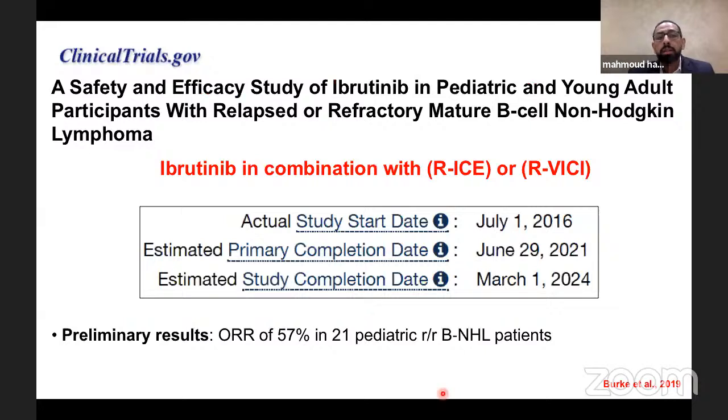Of those running trials is ibrutinib combined with the RISE protocol, and the end of the trial will be March 2024, with preliminary results showing that 21 of the patients had an overall response rate of 57%.